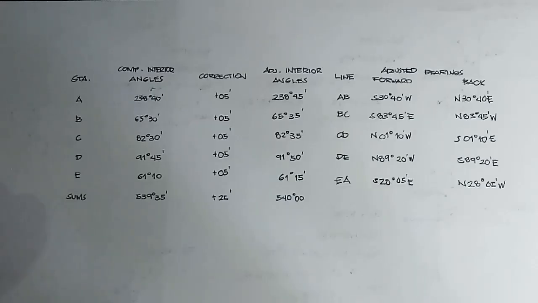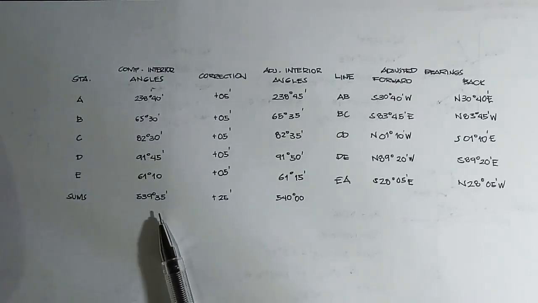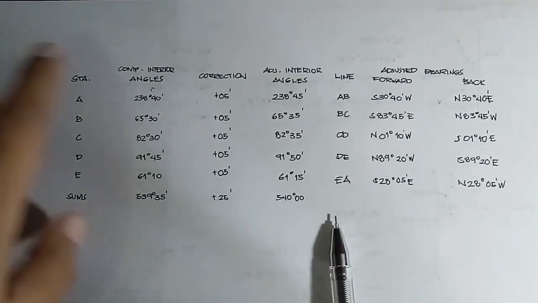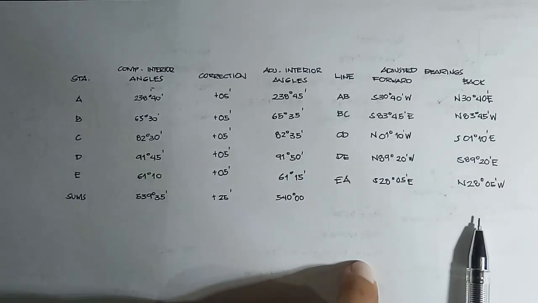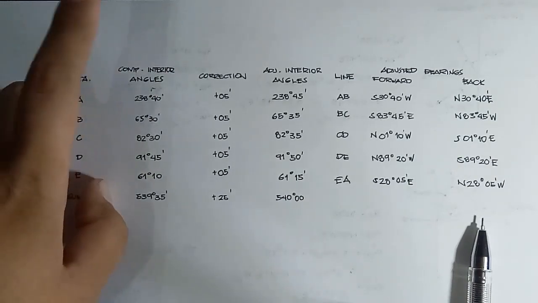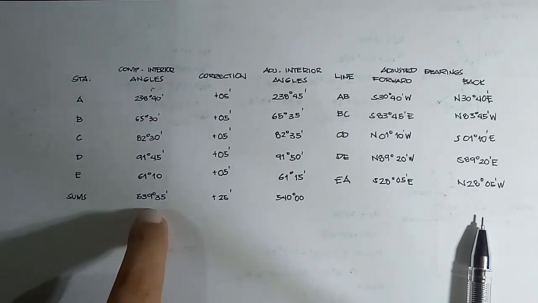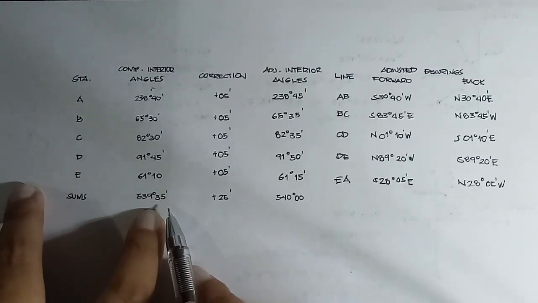Now, since tapos na tayo doon sa pag-compute sa adjustments ng interior angles, sa adjustments ng bearings, ngayon, pwede na nating ipakita yung pag-tabulate doon sa nakuha nating mga values ng adjusted interior angles and then yung adjusted bearings na forward and back. So, makikita natin dito yung sum nung nauna nating kinompute na interior angles, which is 539 degrees and 35 minutes.